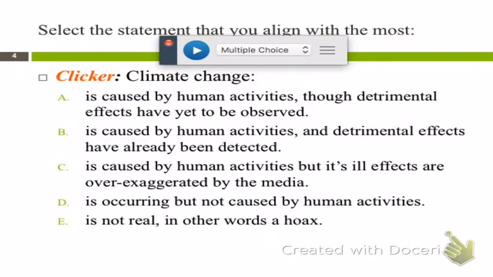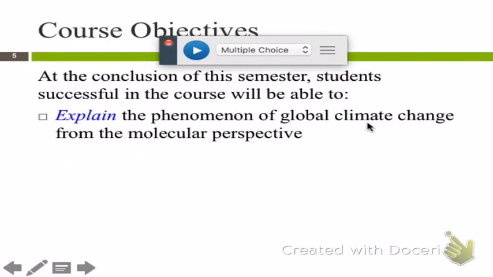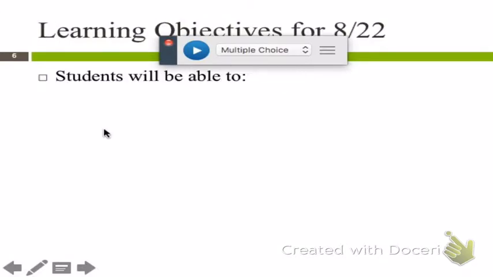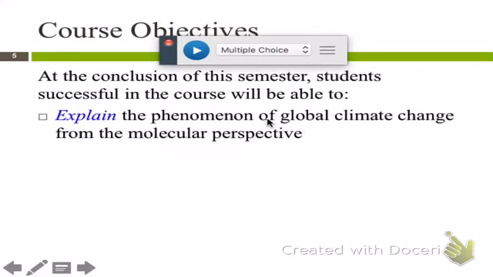All right. So one of the course goals that I have listed for this course is, it's killing me with this giant screen thing. At the conclusion of the semester, students will be able to explain the phenomenon of global climate change from the molecular perspective.